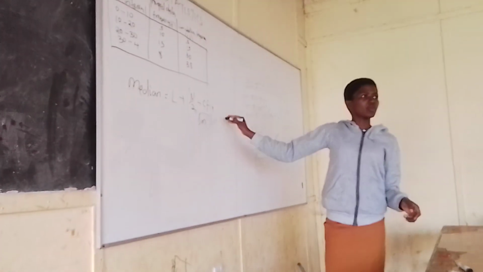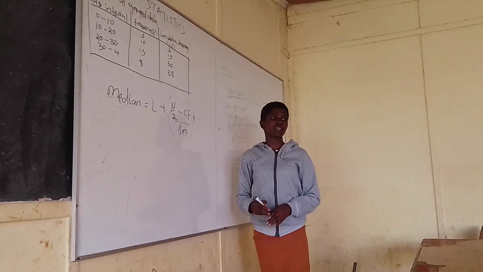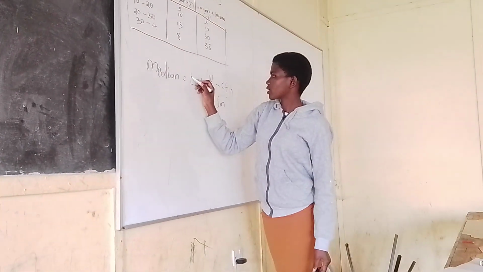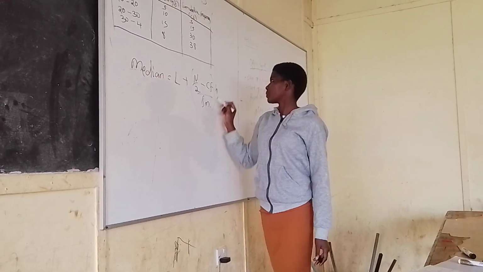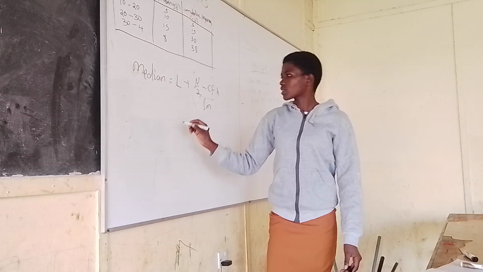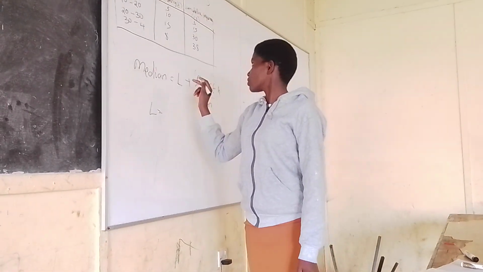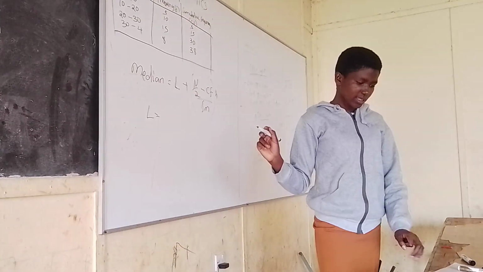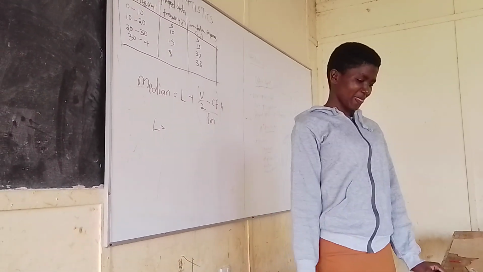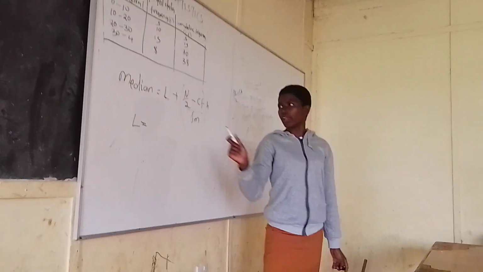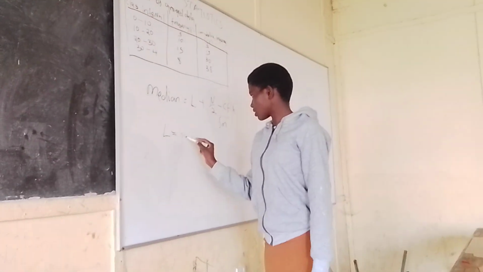So this is the formula for finding the median. You have to know what L is, what N is, and CF and FM and H. So the first one is L. L is the lower class limit.